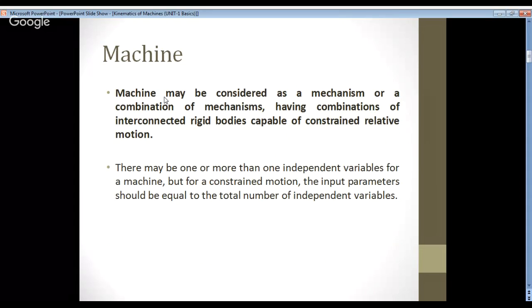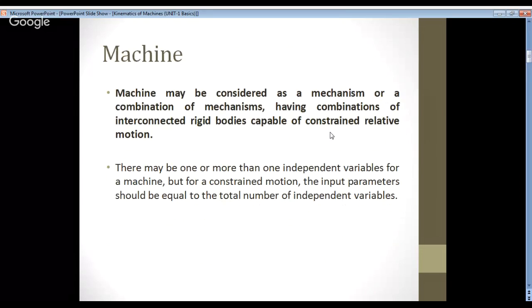That is an example of a machine as a single mechanism. In an automobile, you have already seen that a lot of components are attached to give a particular motion to the vehicle. That is an example of a combination of multiple mechanisms. So that is the formal definition of machines.